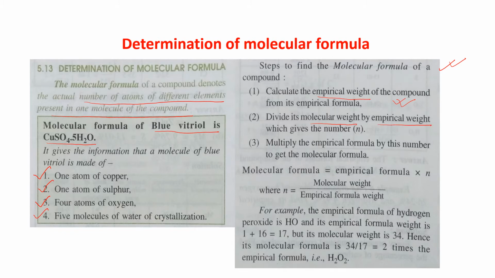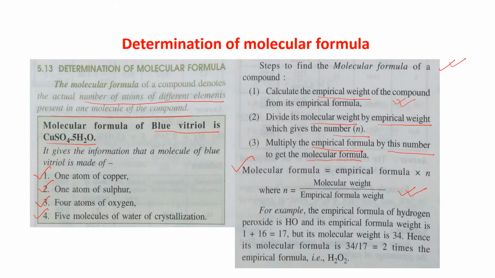This will give you a number, which is denoted as N. Now multiply the empirical formula by this number to get the molecular formula. So molecular formula is equal to empirical formula into N, where N is equal to molecular weight by empirical formula weight.